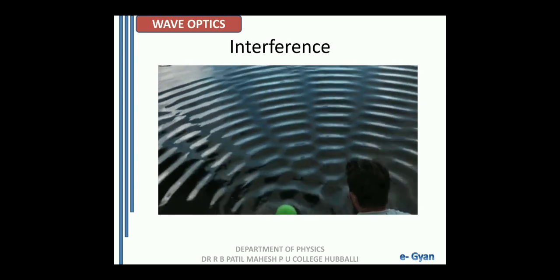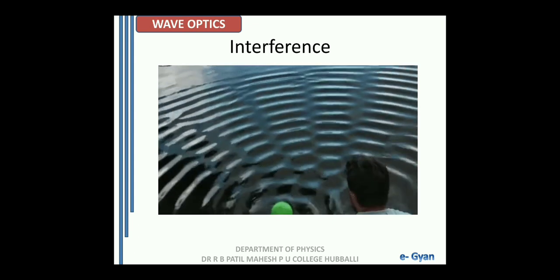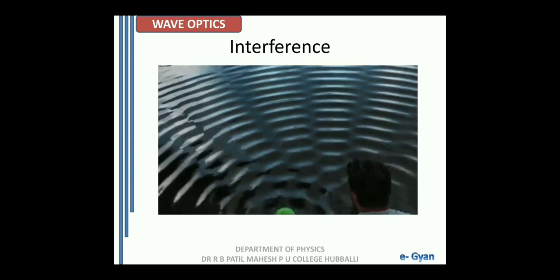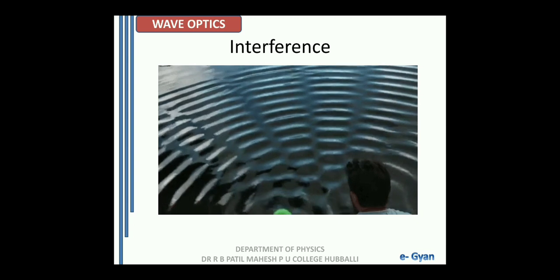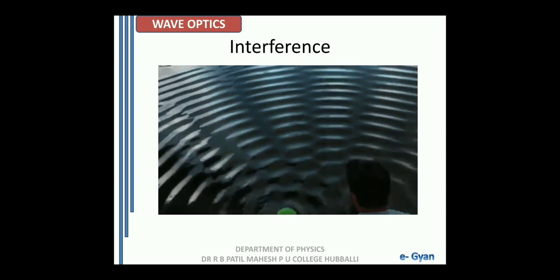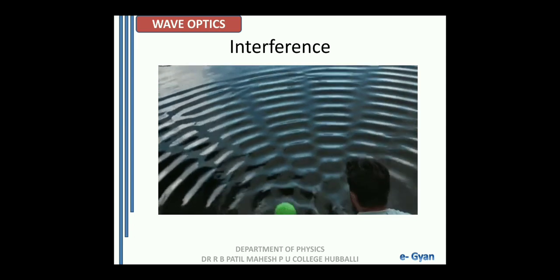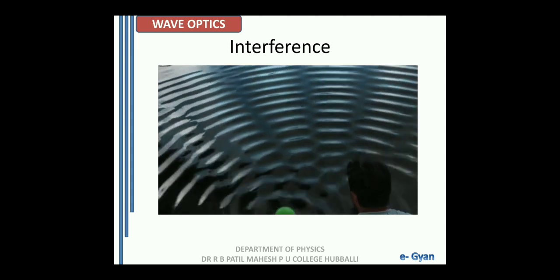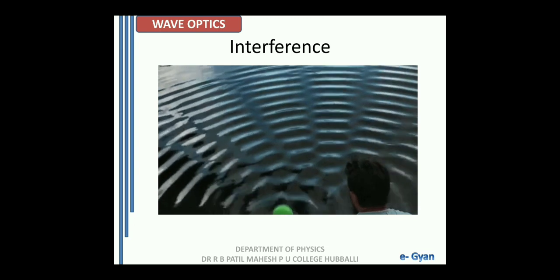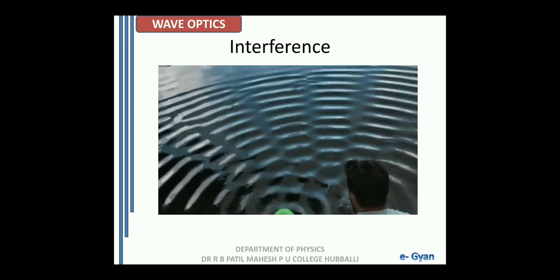The surface of the water appears flat. This phenomenon is interference of the waves due to two disturbances produced on the surface of the water, and we can call the pattern that we get on the surface of the water the interference pattern of water ripples.